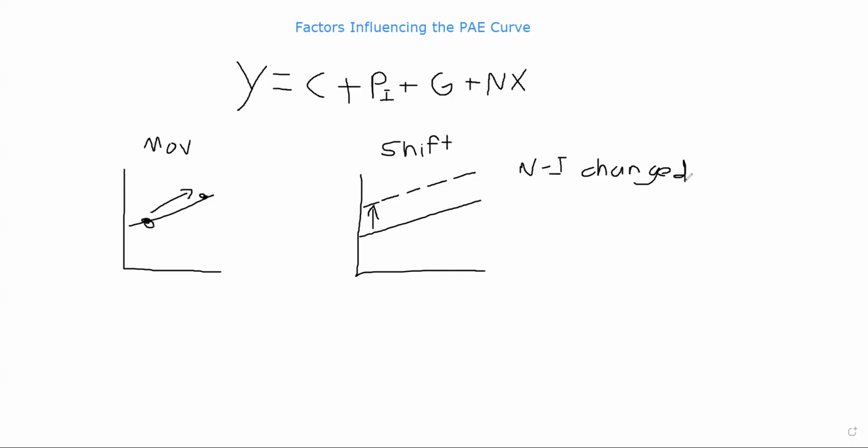If an increase of wealth happened, then consumption would increase. And if consumption increased, then the PAE curve would shift up. Just opposite, if wealth decreased, say that there was a recession, consumption would probably decrease, which would cause a decrease in the PAE curve.